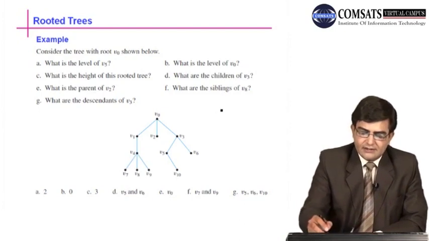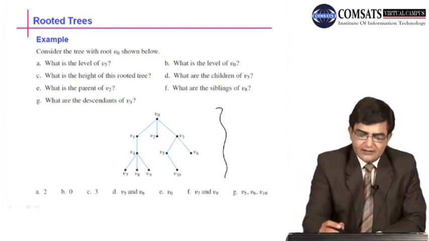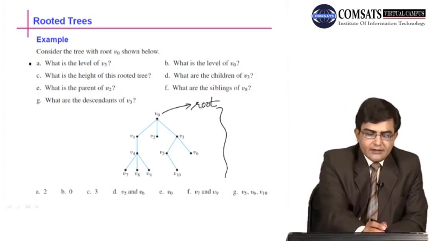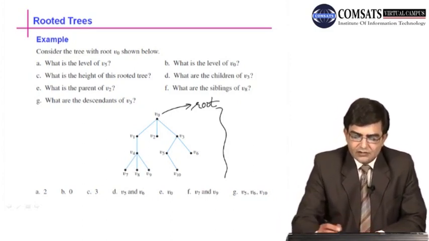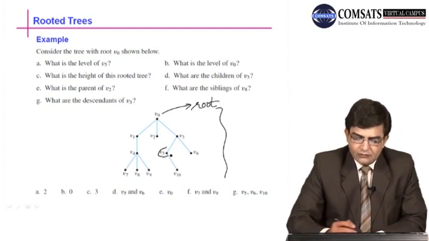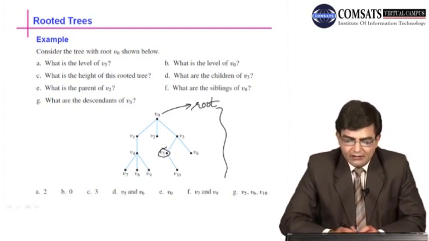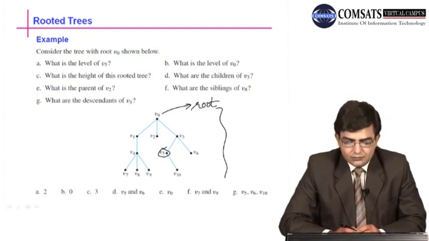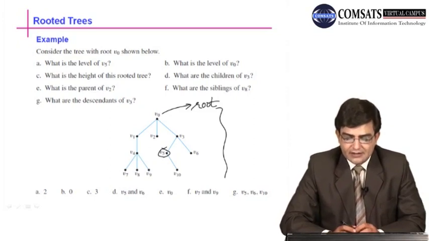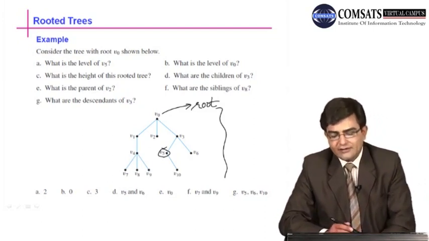Here this is a tree where this is the root, and there are some questions which we have to answer. Part a is, what is the level of v5? So v5 is here, and we have to tell the level of v5. To determine the level of any vertex in a rooted tree, we count the number of edges from v5 up to v0, which is the root of that rooted tree.